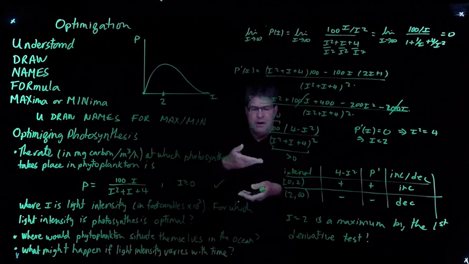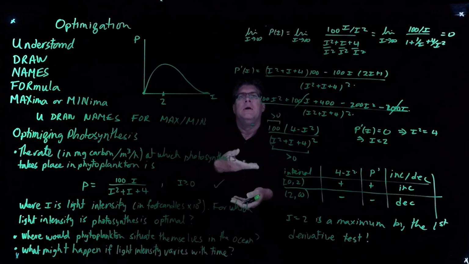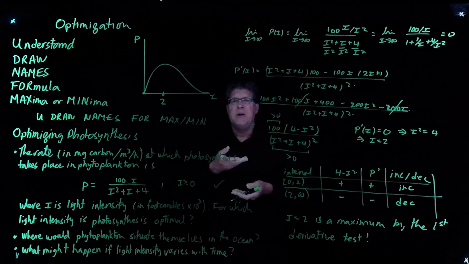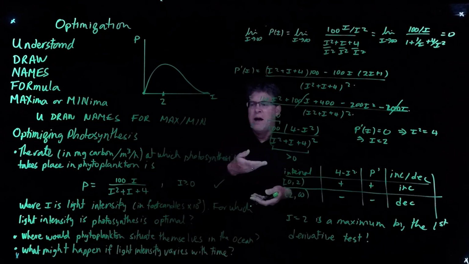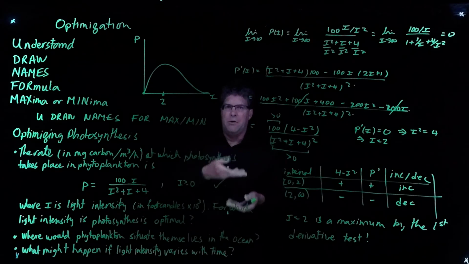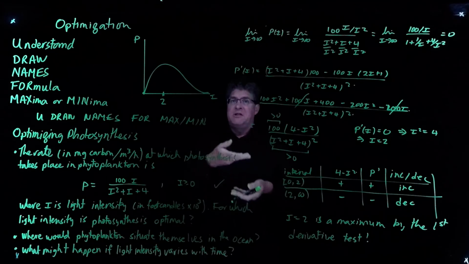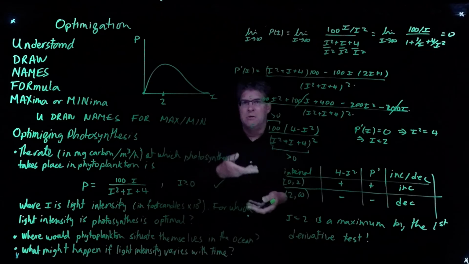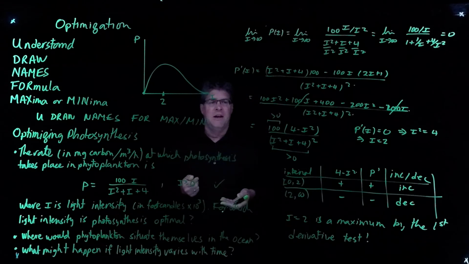And so they might go up or down in the ocean so as to get the optimal level of light intensity. Now, if the light intensity varied with time, maybe a cloudy day or a sunny day, then that intensity could move up and down in the ocean, and you might expect the phytoplankton to move up and down so as to track the best light intensity. And that's actually what phytoplankton do. You can see them moving up and down in the ocean, tracking light intensity so as to optimize photosynthesis. And isn't that cool?